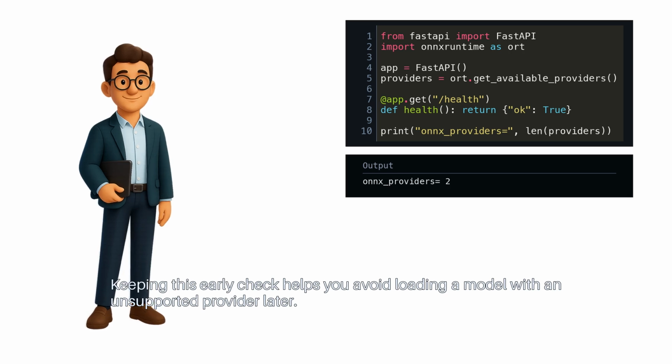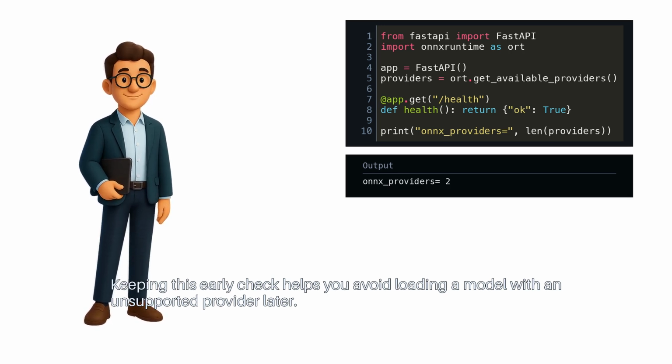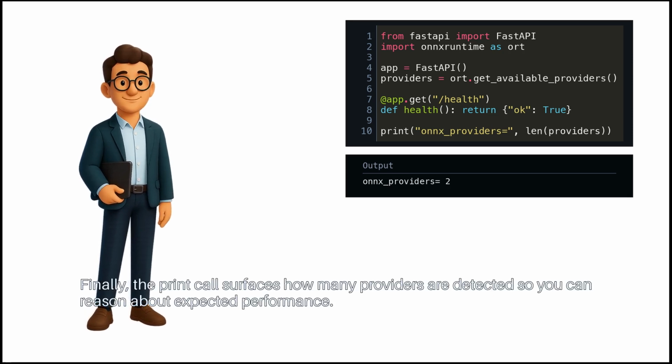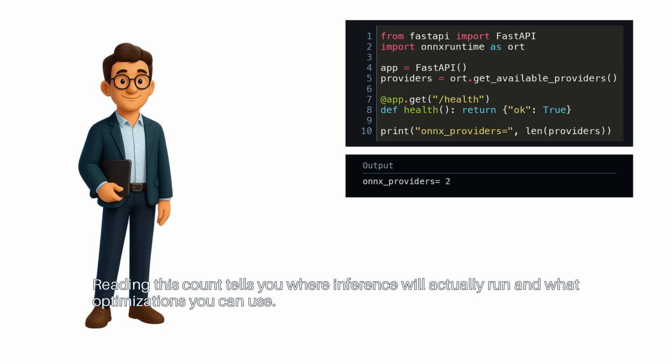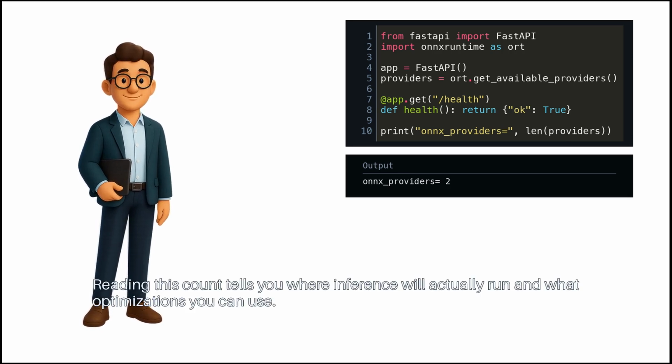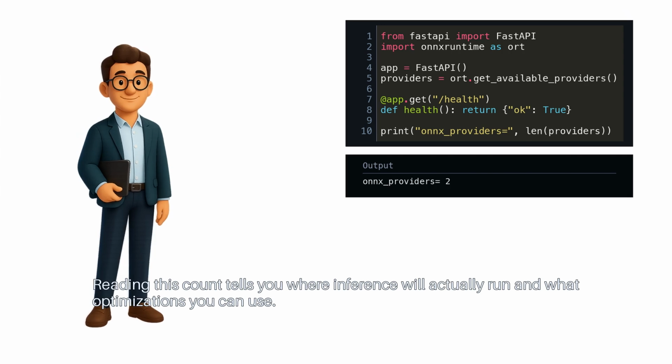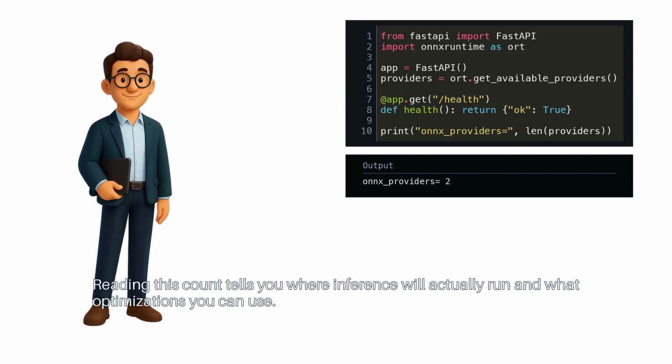Keeping this early check helps you avoid loading a model with an unsupported provider later. Finally, the print call surfaces how many providers are detected, so you can reason about expected performance. Reading this count tells you where inference will actually run and what optimizations you can use.